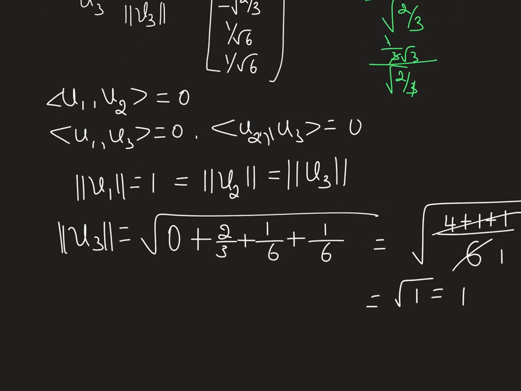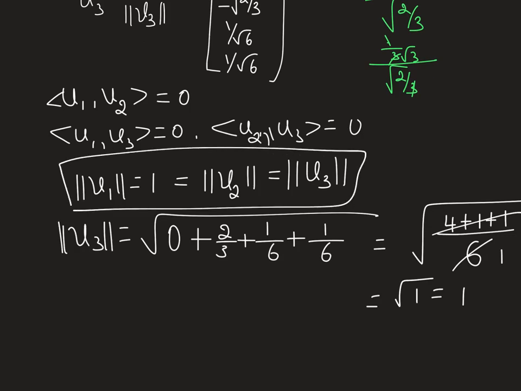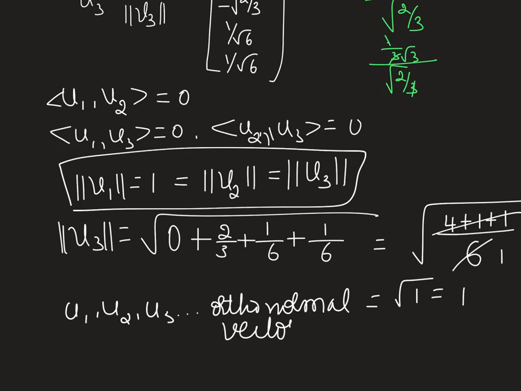Like that, we should get this condition satisfied for the others also. Then you can say u1, u2, u3 are orthonormal vectors. This is what we required from the Gram-Schmidt process.